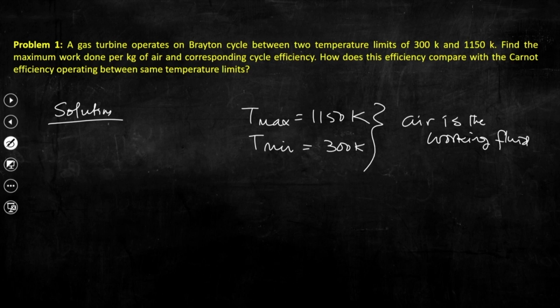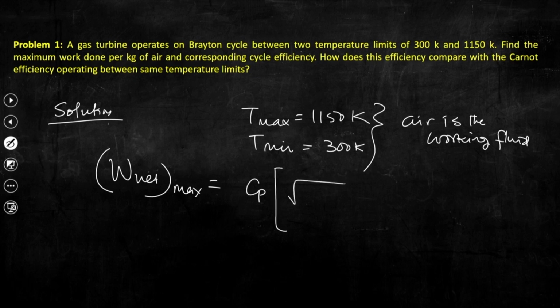If we try to recall, in one of the previous classes we could establish the maximum work done, that is the work done corresponding to optimum pressure ratio, because we can never achieve maximum pressure ratio, and that is equal to Cp into root T max minus root T min whole square.